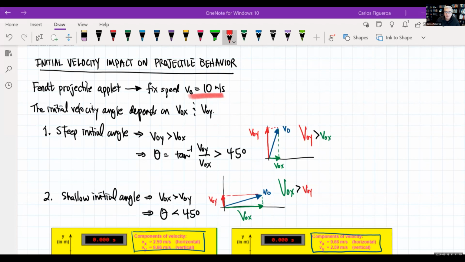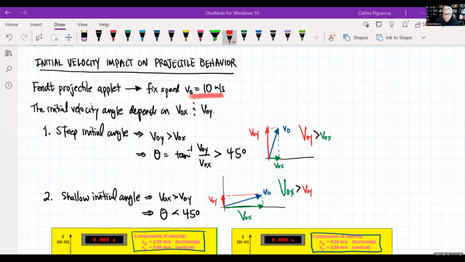So if I have an initial steep angle, what do I really mean by that? Well, it means that V initial y is larger than V initial x. And when I look at the angle, that means the angle has to be higher than 45 degrees. You could see that the y component in red is bigger than the x component in green.